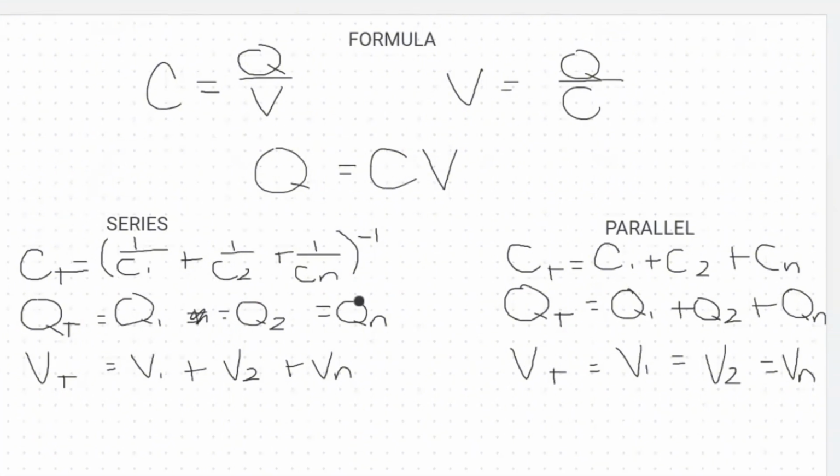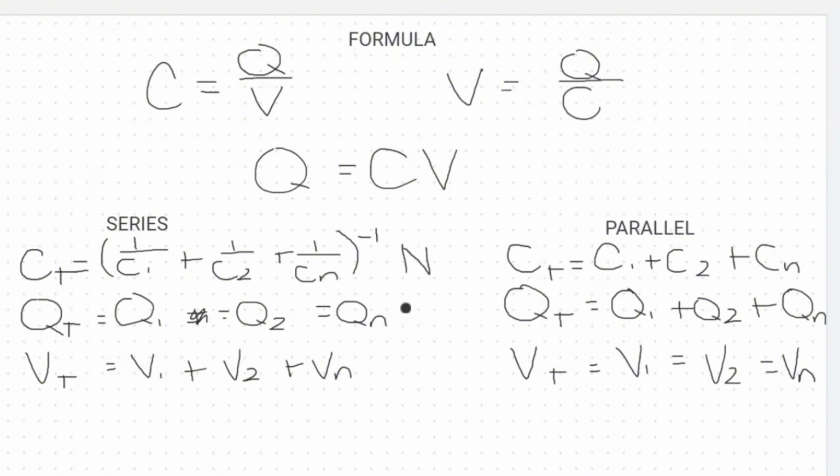Now, since we have our formulas for both series and parallel, here is just a key or clue so you can remember it well in the exam. For series, as you can see here, there's a negative exponent, so you can just leave a clue of N here.